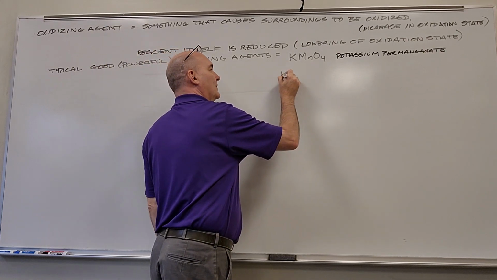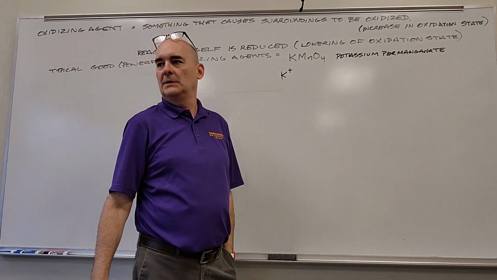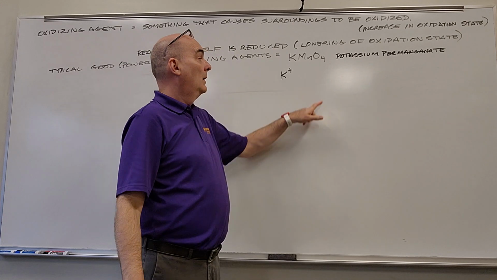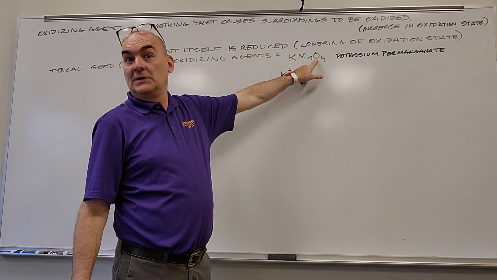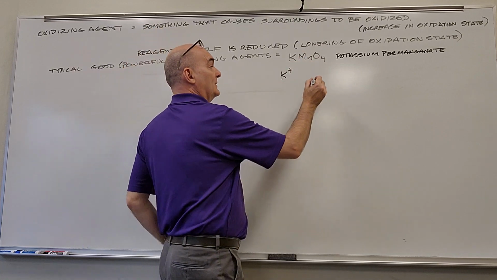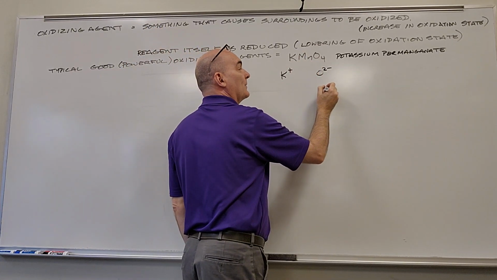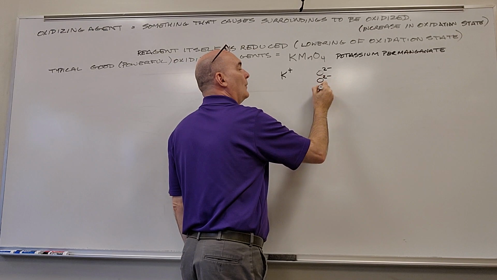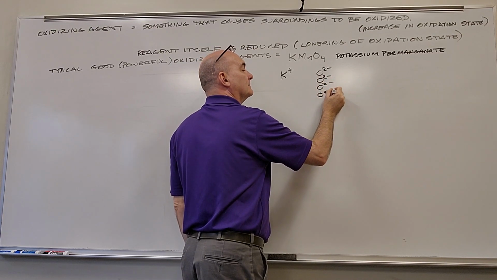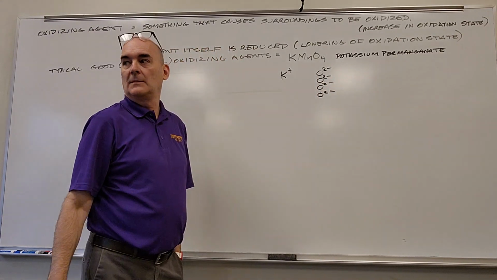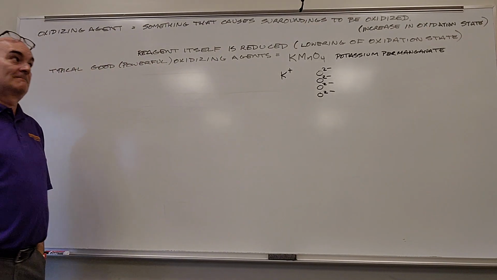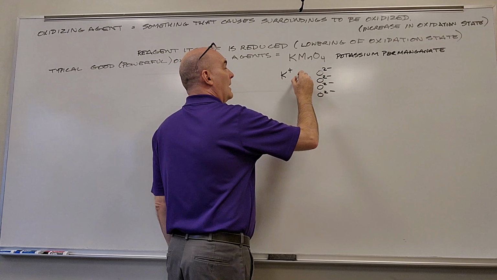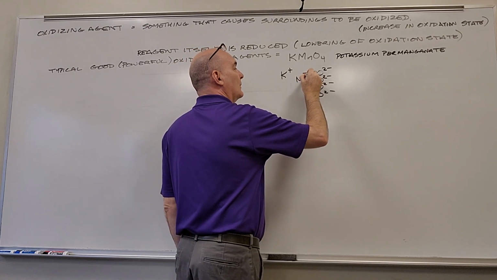Potassium has a fixed oxidation state. It's in group 1. What's the oxidation state on the oxygens? 2 minus. It's in group 6. There's a fixed oxidation state, 2 minus, and there are 4 of them. What's the oxidation state on the manganese? That's the highest that we can get.